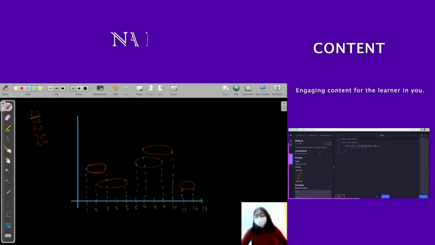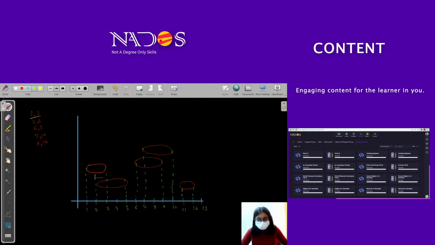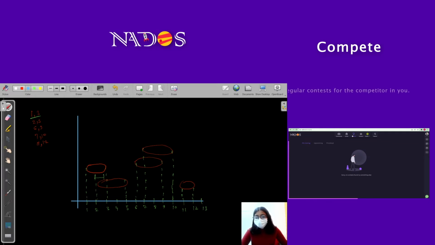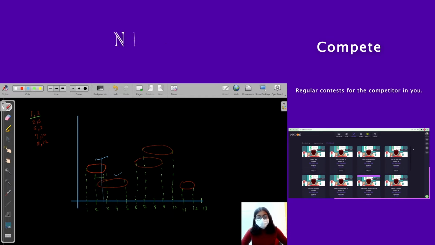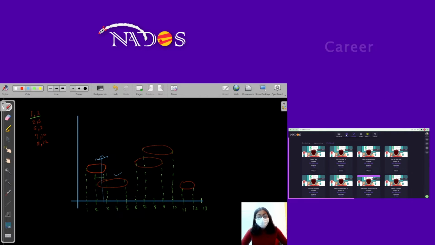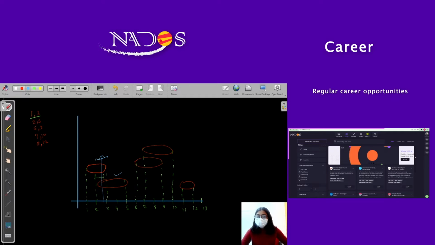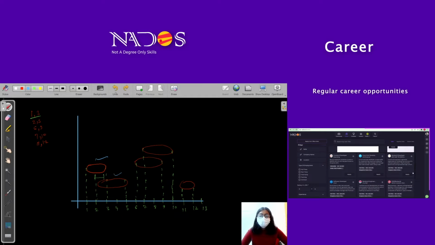Okay, so now let's see how many arrows we will need to burst these balloons. As you can see, both of these balloons are sharing this common area, right? It means if I pass an arrow from this point, both of the balloons will be burst, right? We need to minimize the number of arrows.